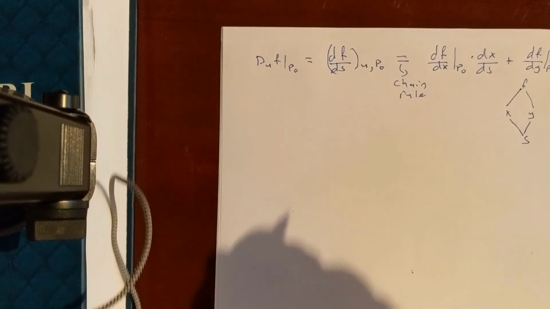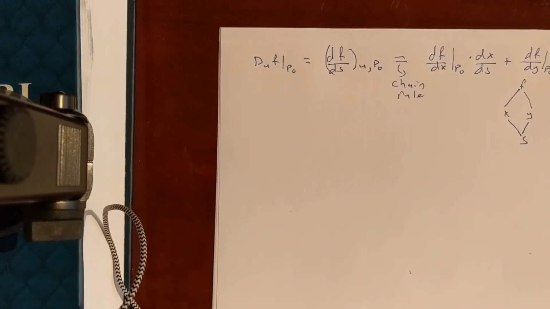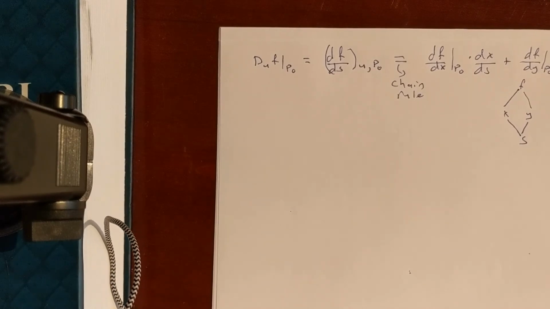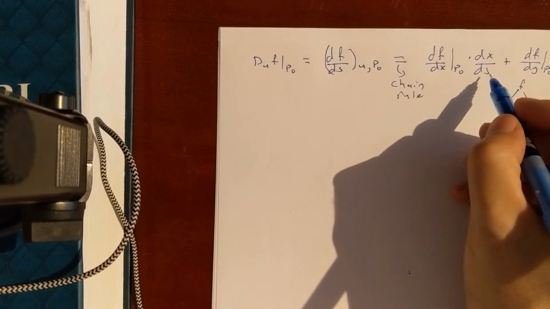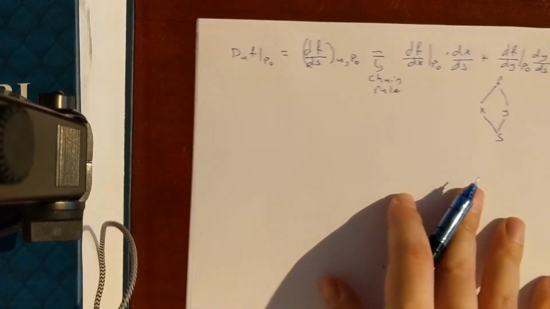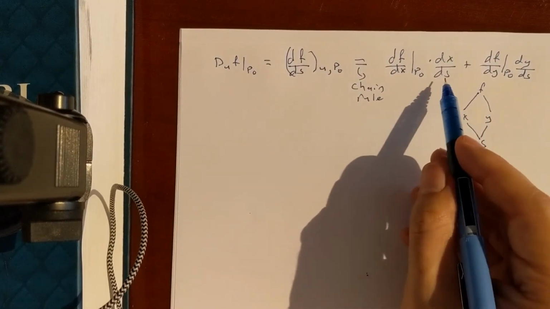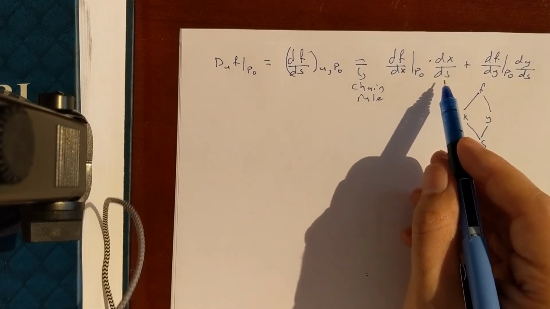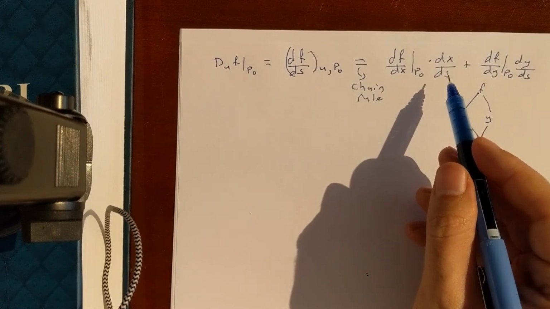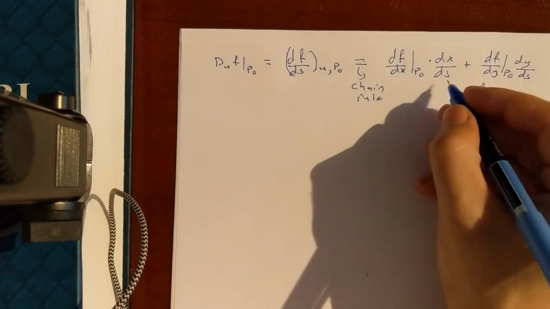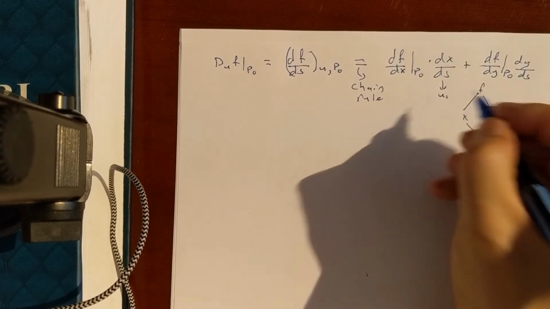So did it really make everything easier? Well, I think it did, and the reason is because this is the arc length parameterization, we use the arc length parameterization of the line. The dx ds is just the x component of the vector. This guy is just u1.